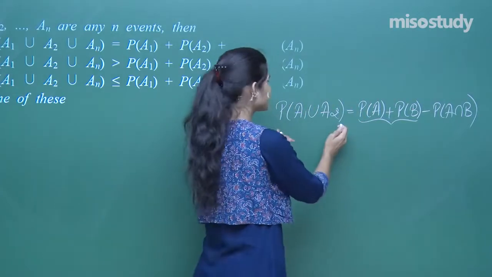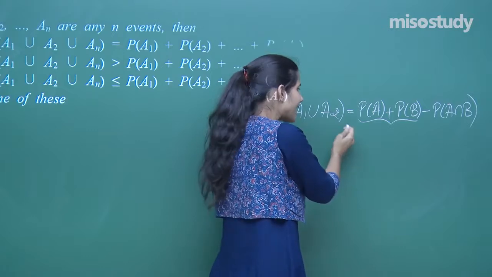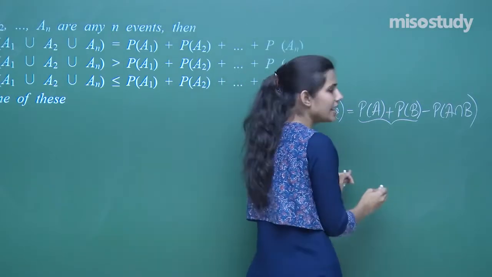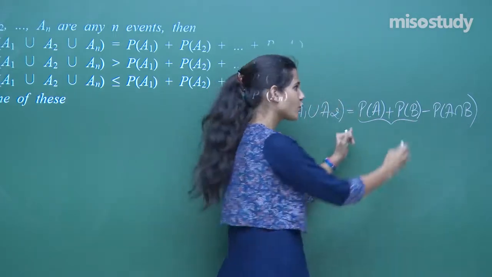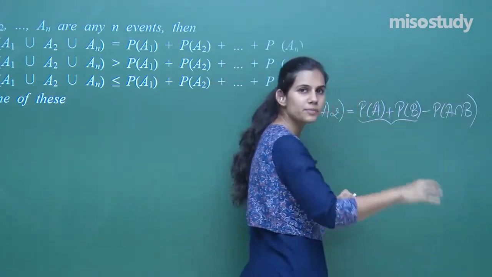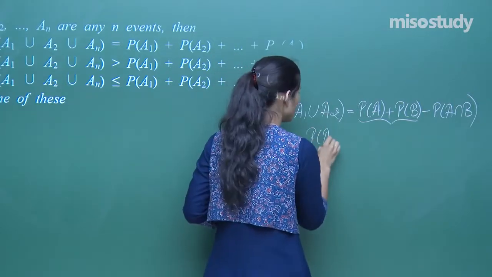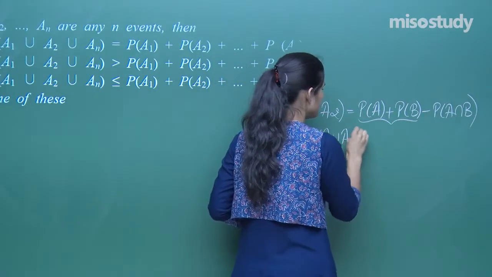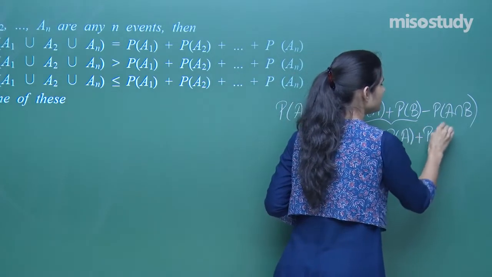Then the answer is coming out to be equal to probability of A1 union A2. Okay? That means actually this probability is less than or equal to this particular sum. Because from this sum, something is being removed, something is being lessened to get this number. So you are getting probability of A1 union A2 is less than equal to probability of A plus probability of B.